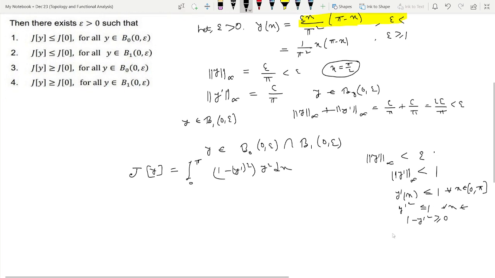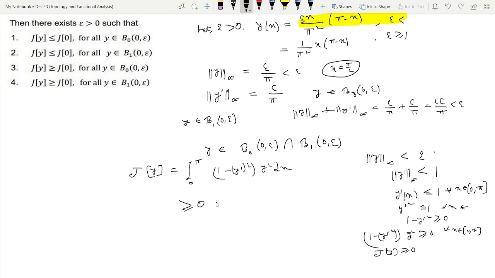So 1 minus y dash square into y square is also greater than equal to 0 for all x belongs to 0 pi, and hence the integration, that is J y, is greater than equal to 0, and J 0 is simply the integral of 1 minus y dash square into 0 square dx. So this is simply 0.